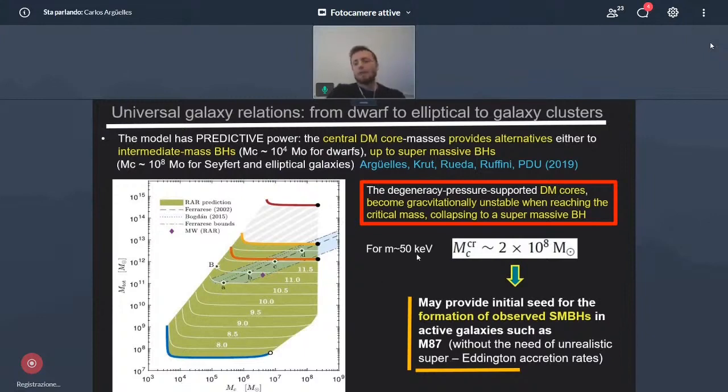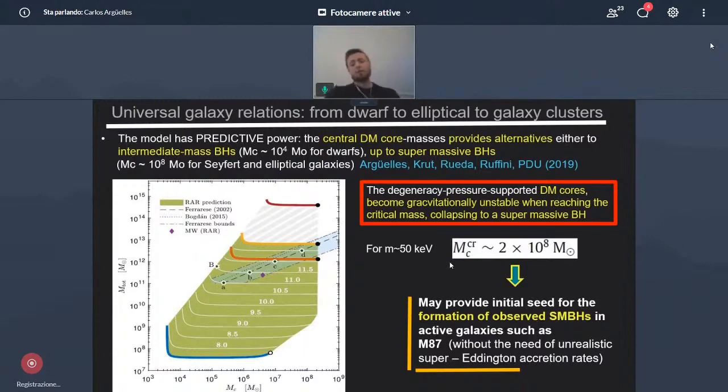Okay, an interesting point here, which is related to Katherine's comment about how you can provide an alternative picture for supermassive black hole seeds, is that the degeneracy pressure supported by these cores can become gravitationally unstable, reaching the critical mass and collapsing. For 50 keV, you have a critical mass of collapse of 2 times 10^8 solar masses.